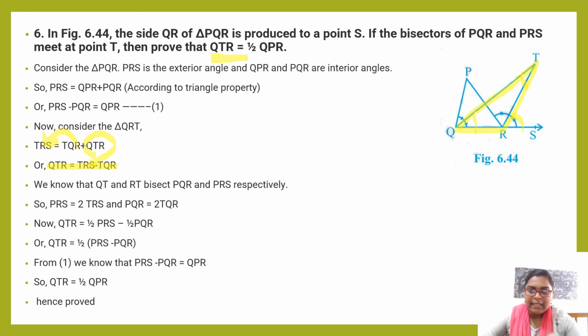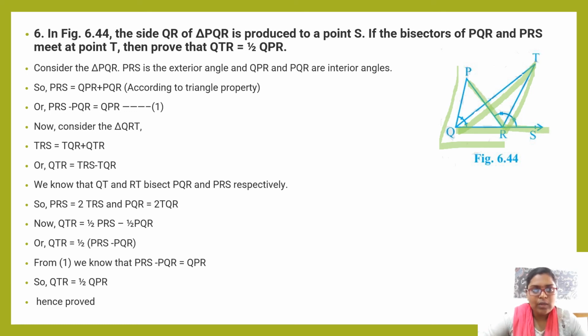Now, here they have given two bisectors. Now we will see those bisectors. One is QT, right? So this QT, again I am here highlighting, then you will be able to see. This QT is one bisector, okay? And another one is RT. This QT is the bisector of PQR. And the RT is the bisector of PRS.